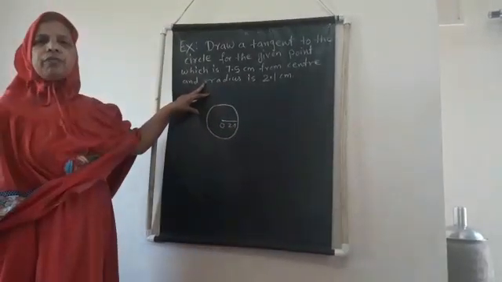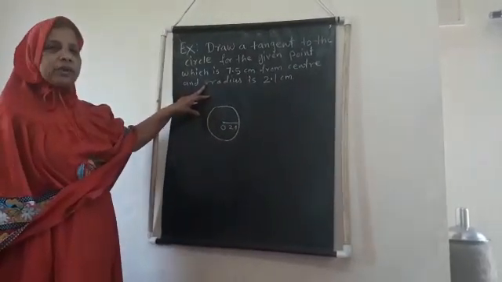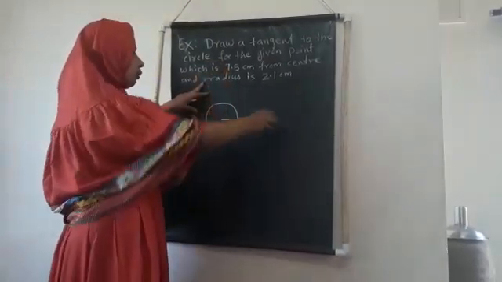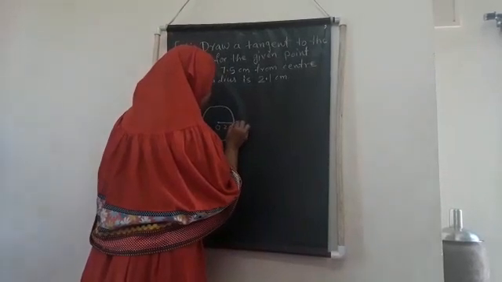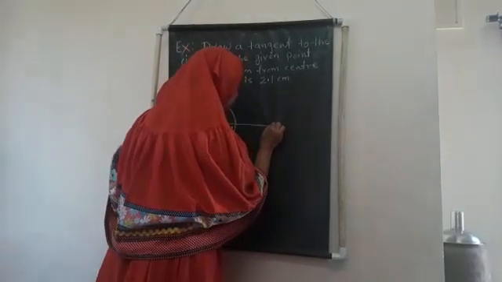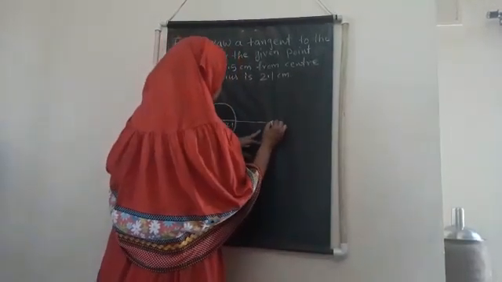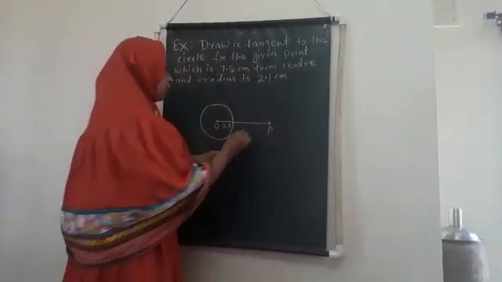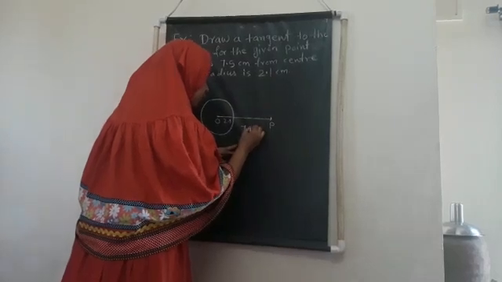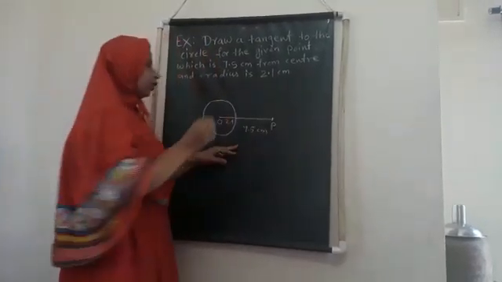Now with the help of scale, measure distance 7.5 centimeter from O and locate the point outside the circle, say point P, which is 7.5 centimeter from center of circle.